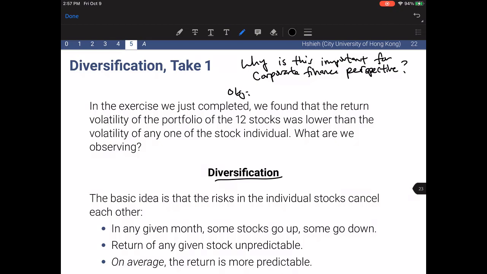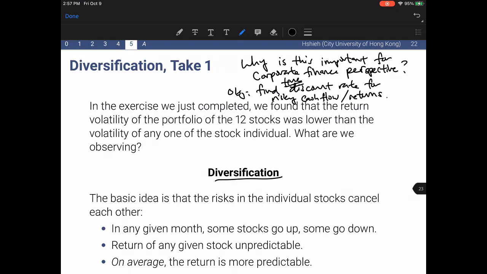OBJ stands for objective. Our objective is to find the discount rate for risky cash flow or risky returns. Let's say find the true discount rate for risky cash flow returns.